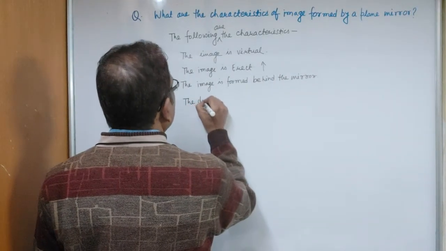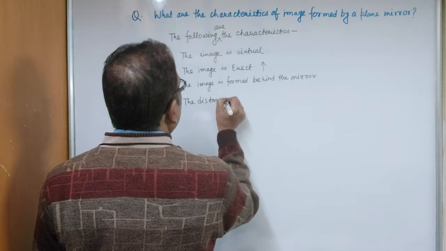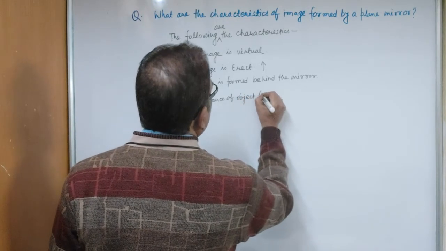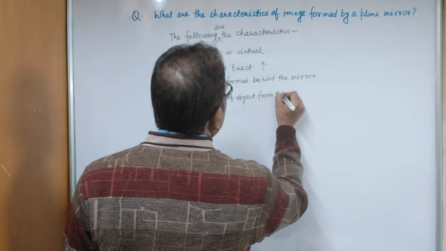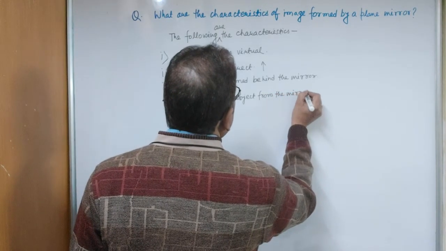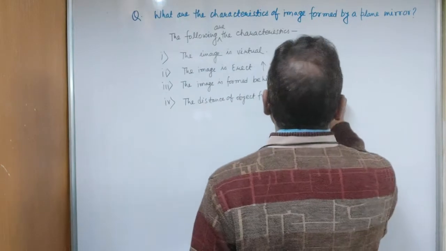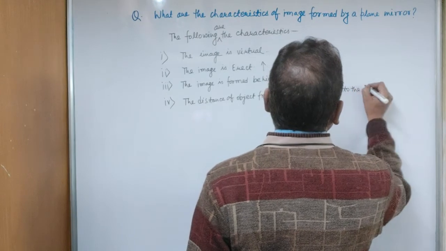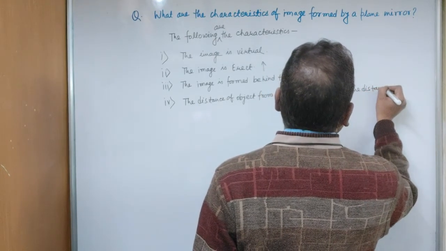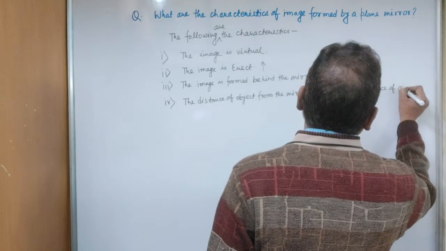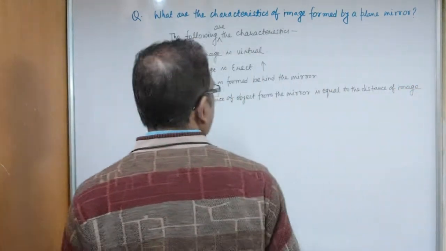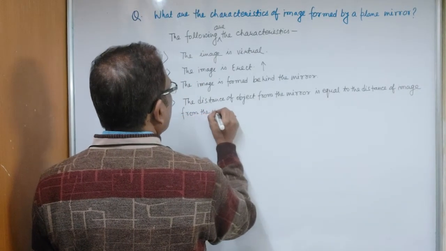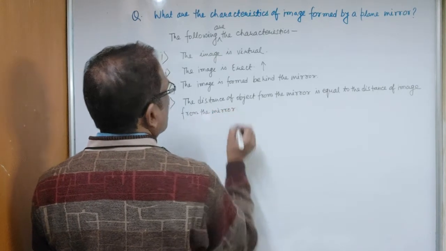Write the distance of object from the mirror is equal to the distance of image from the mirror.